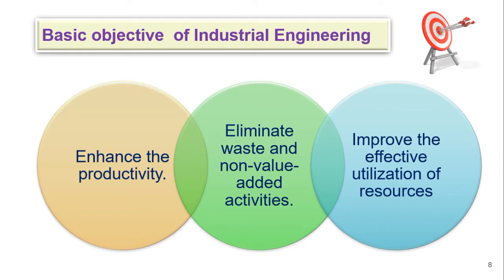High productivity refers to doing the work in shortest possible time with least expenditure on input without sacrificing quality and with minimum wastage of resources. So eliminate the waste and improve the effective utilization of resources, which enhance the productivity. So this is basically objective of an industrial engineer.